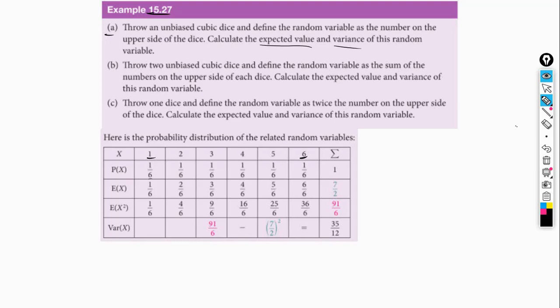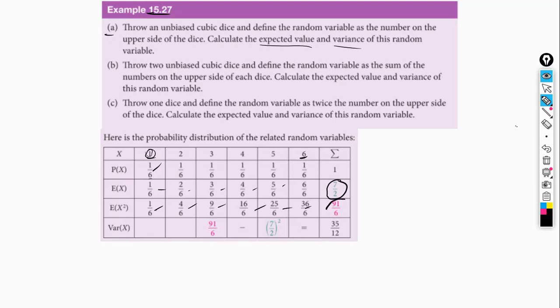And then the expected value would be the variable times its probability, and we have this in this row. Then we have the sum, so this is the expected value. And then in this case, it would be the square of the variable times the probability, right? So notice that it's just 1, and then 4 times the probability, 9 times the probability, and so forth.